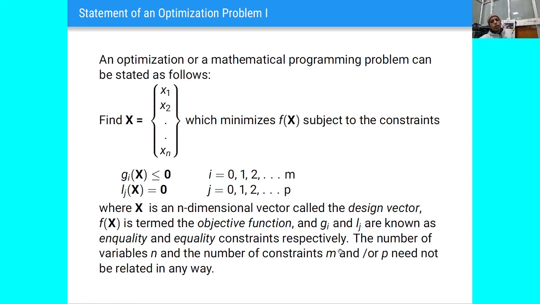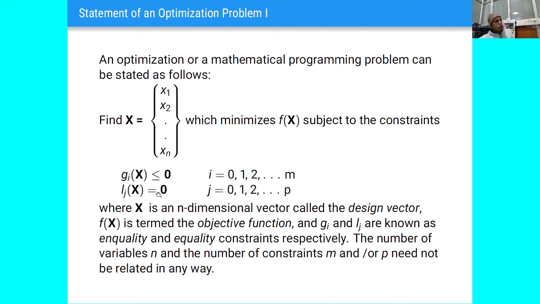So here n, m, and p, all these three variables are independent. This kind of problem is called a constrained problem, because we are minimizing a certain objective function f(x) subjected to certain constraints, that is gi(x) or lj(x).